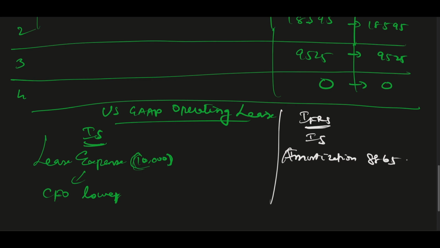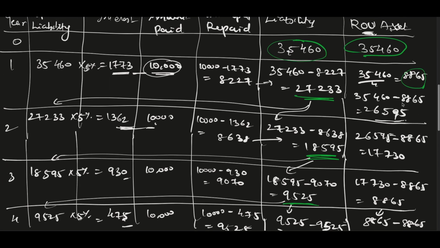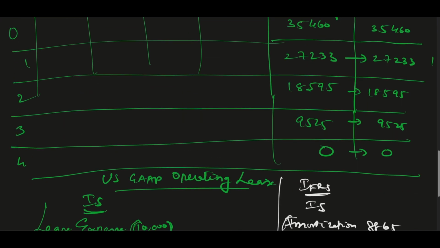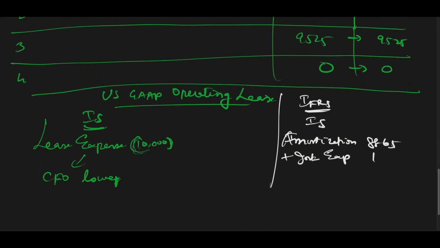Every year I am doing amortization. Plus I am also supposed to show interest expenses. Let's say the interest expense here was 1773 in the first year. So the total comes to 10,638. This is for the first year.